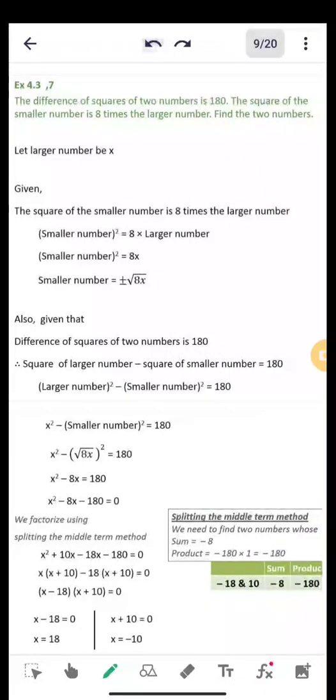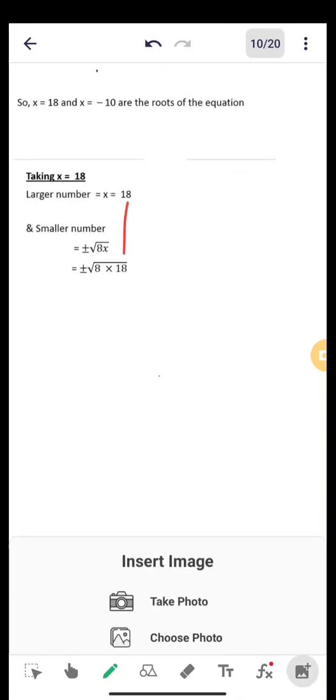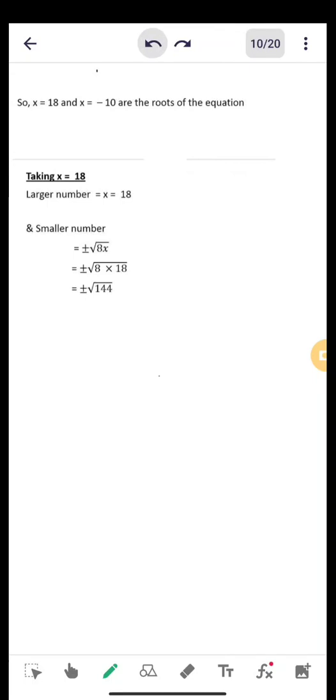If I take the larger number as 18, the smaller number is plus or minus root 8x. So root of 8 into 18, we are finding the smaller number. 8 into 18 is 144 and we get 12. The smaller number is 12.